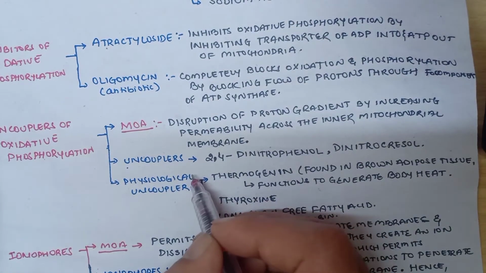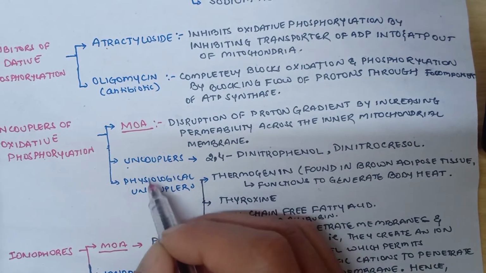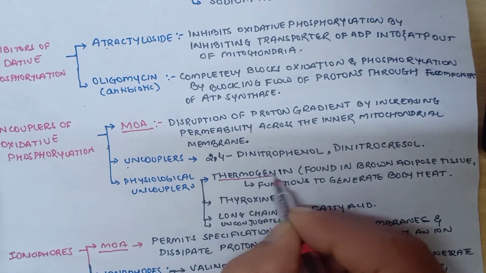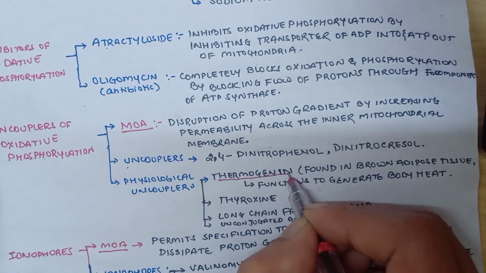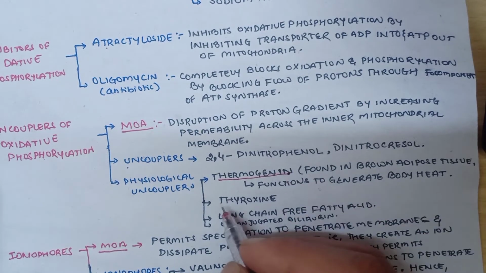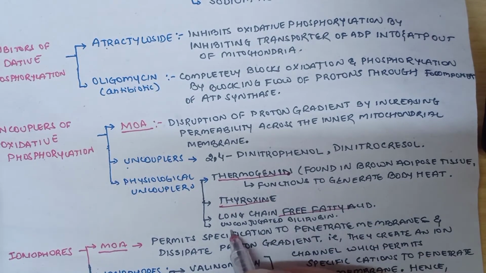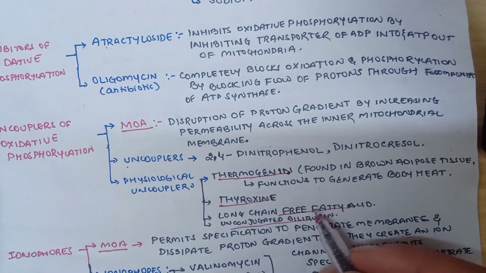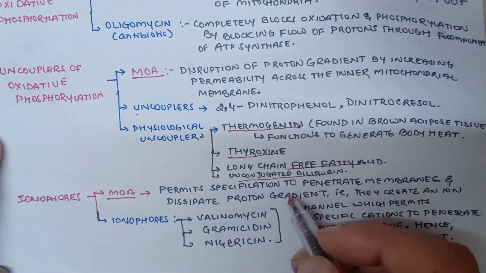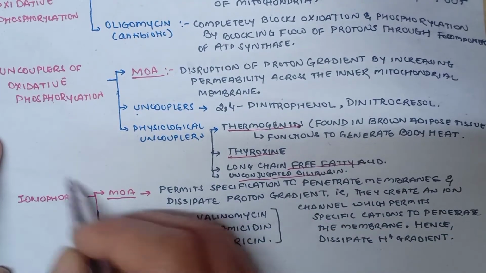And there are some physiological uncouplers. They are thermogenin, which is found in brown adipose tissue, and their function is to generate body heat. Other physiological uncouplers are thyroxine, long chain free fatty acids, and unconjugated bilirubin. And there are ionophores.